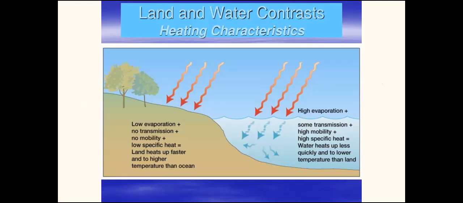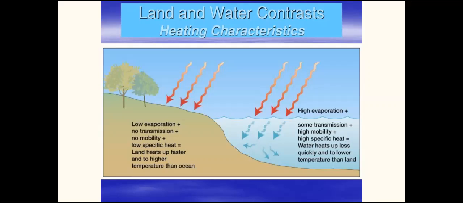The first thing we'll talk about is water and how that can affect climate. So generally speaking, water has what we call a very high specific heat. And so what that means is it takes longer for water to heat up or cool down compared to land. Land gets very hot quickly and it cools down very quickly as well. So because of this, you'll notice that in wintertime, ocean water will still be semi-warm.